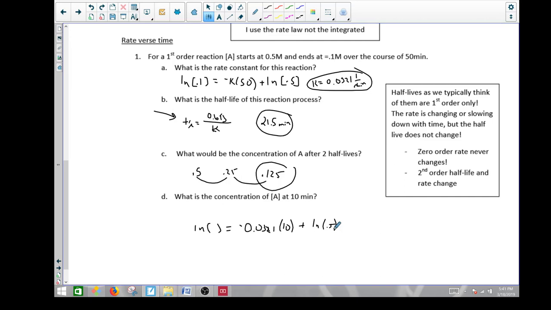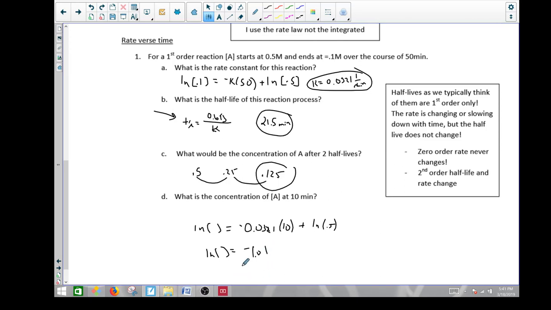And I'm getting negative 1.01. Inverse log that, so make sure you're aware of the math on this. The natural log of the concentration will equal negative 1.01. If we inverse log both sides, second log, natural log, the previous answer, and I get 0.362.